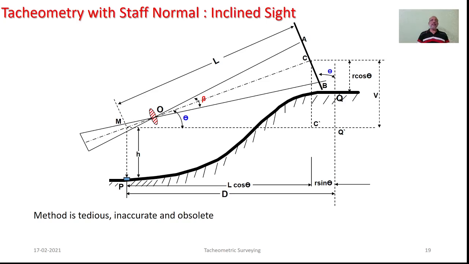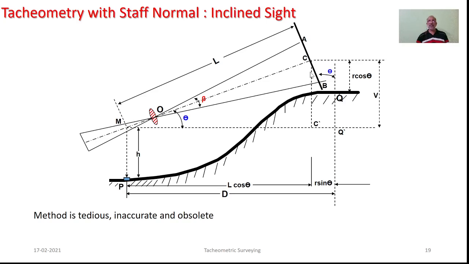Similar expressions can be derived if we consider the face of the staff placed perpendicular to the line of sight OC. The expressions can be derived. However, this particular method is very tedious.